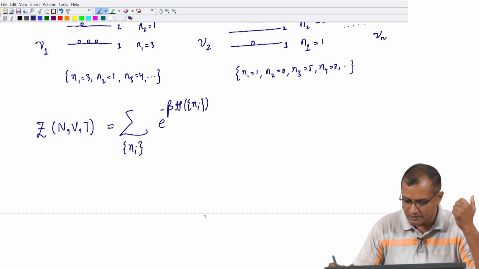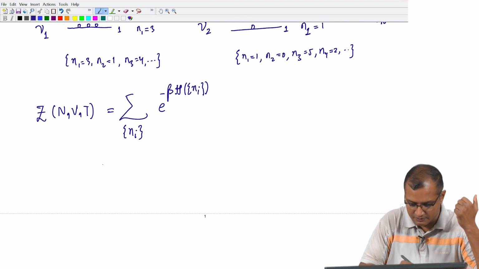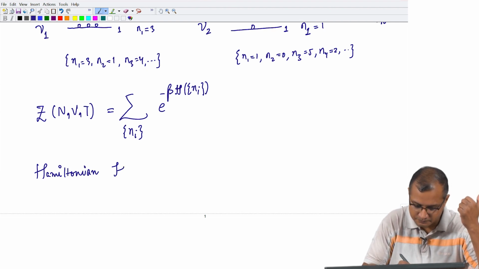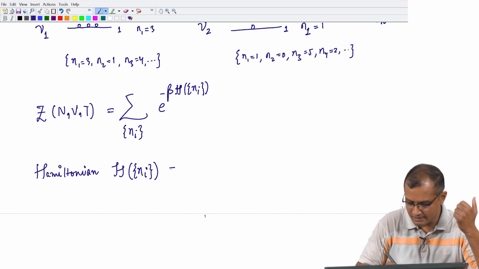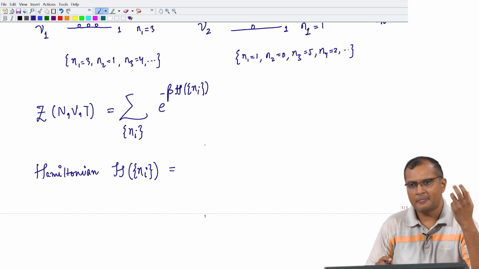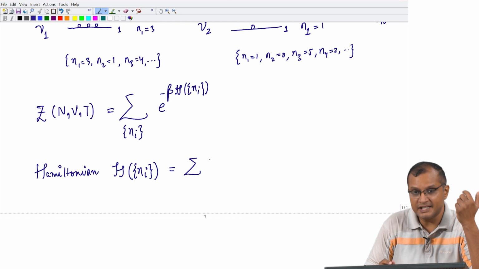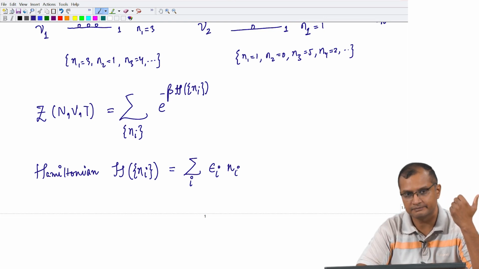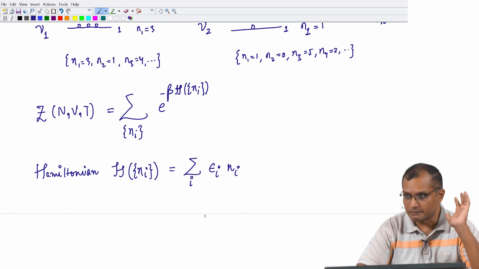Okay. Now, the Hamiltonian of the microstate is given by nothing but the energy of the state multiplied by the number of particles sitting in that state. Okay. j will run from 1 to infinity because you have infinite energy levels in the system.